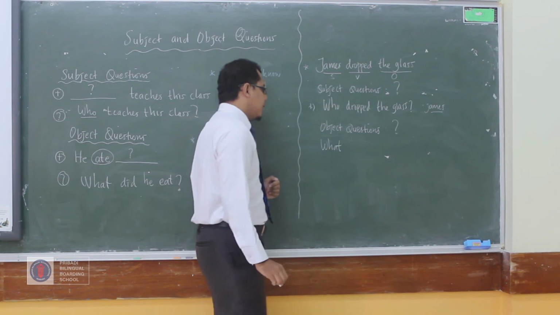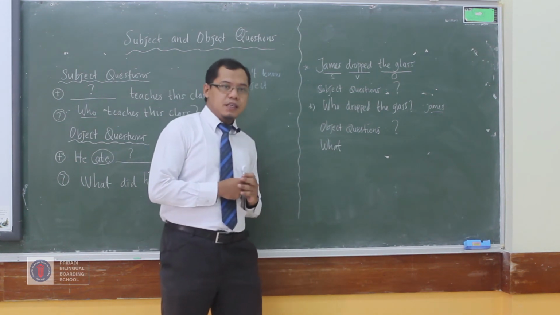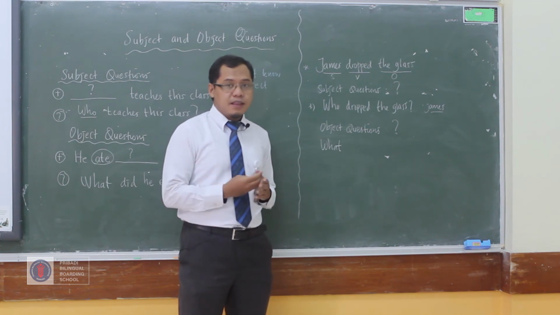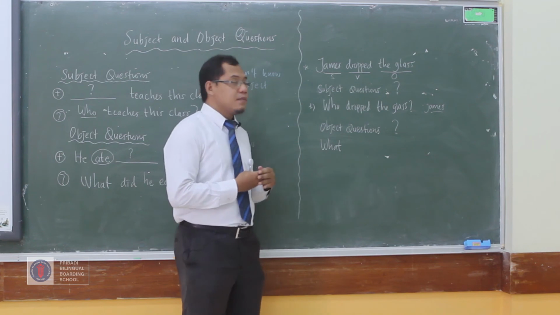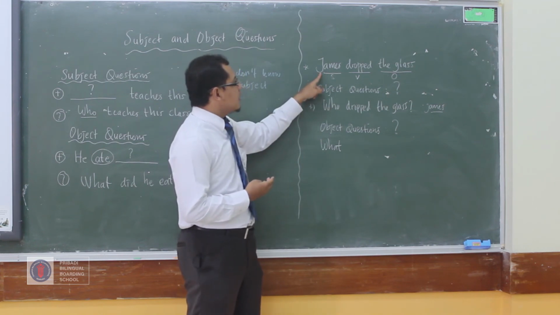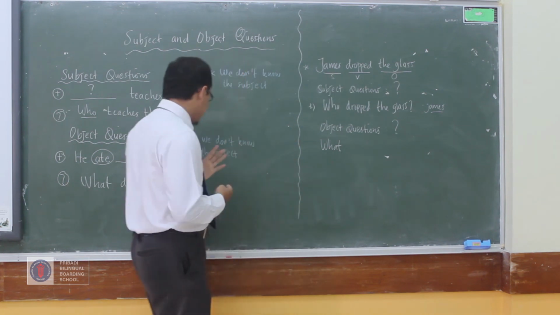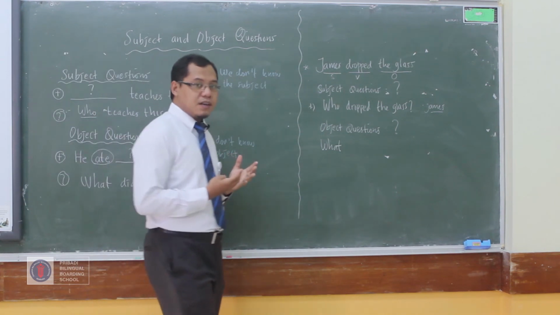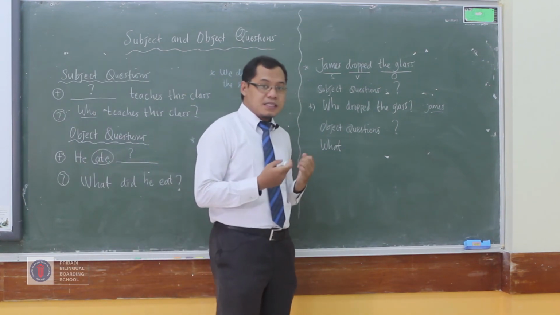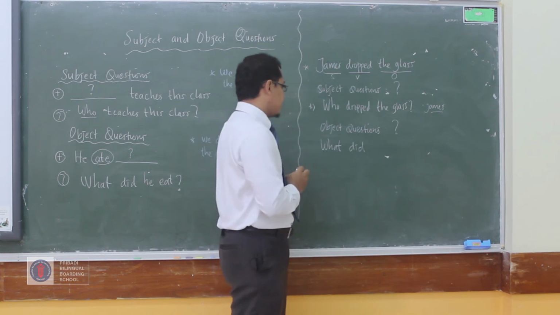What, okay? And then after the question word, we need to put an auxiliary there. So what is the auxiliary? Let's take a look at the sentence again. This sentence is in the past simple, just the same as in the example here. So what auxiliary do we use? Yes, we use did. What did?